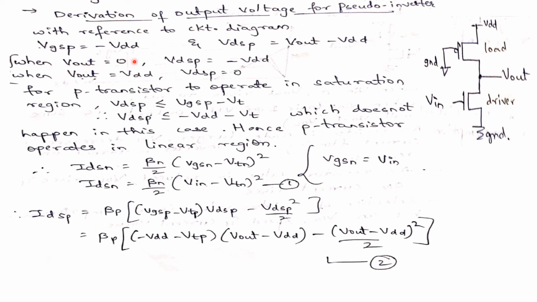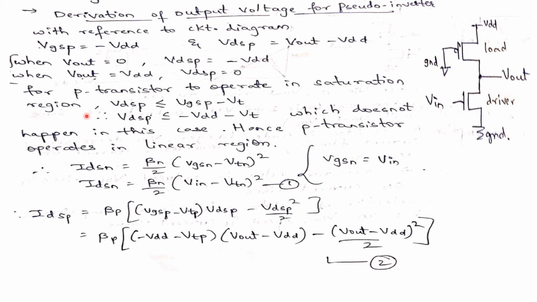Suppose when Vout is 0, VDSP will be minus VDD, and if the output is VDD, VDSP will be 0. Since it is a pseudo NMOS inverter circuit, we have two output possibilities, that is logic 0 and logic 1 or VDD. So with these Vout values, these are the VDSP values we will be getting.